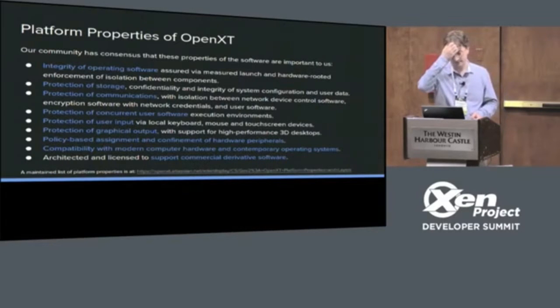So we have these platform properties that we've described, what it is the OpenXT system tries to provide to users, and ensure that we keep these in mind and preserve these with future iterations of OpenXT software. So we have these documented on the wiki. They're part of the governance. They're effectively under change control there, and it helps describe what's differentiating about an OpenXT system.